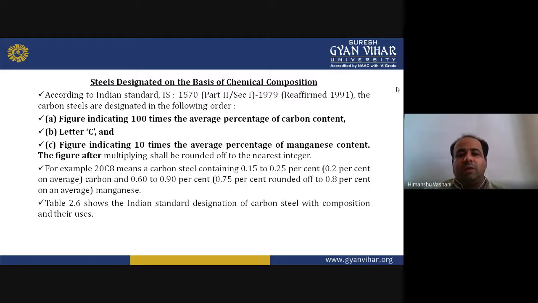Okay. Now they have given this example, and again Table 2.6, which shows the Indian standard designation of carbon steel with composition and their uses. So let's go to the table.